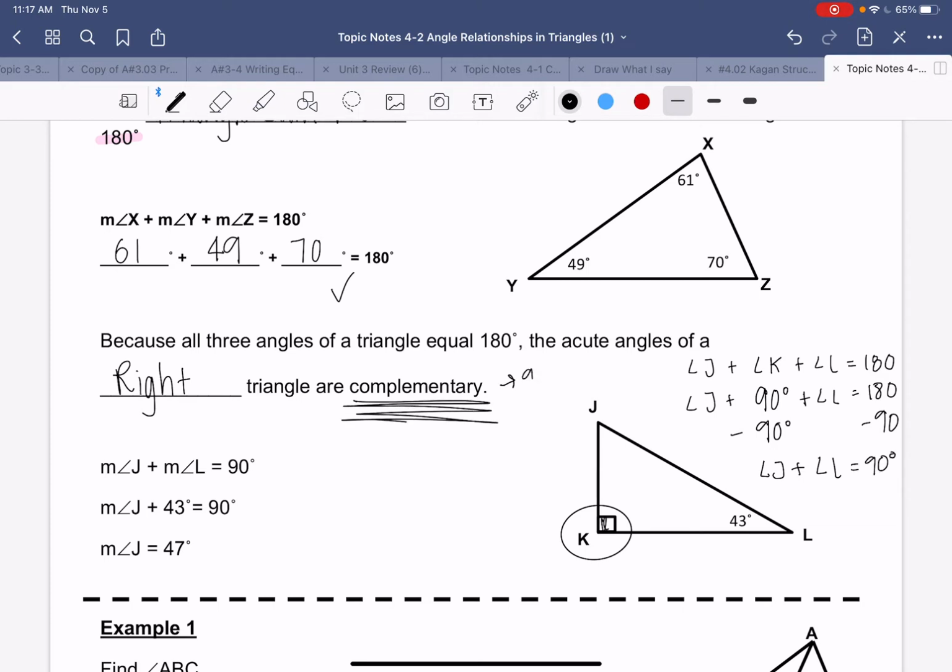Complementary means 90 degrees. So that's how they found it right here. They did angle J plus angle L equals 90, inserted this 43, and subtracted it over. They subtract the 43, and that gets us 47.